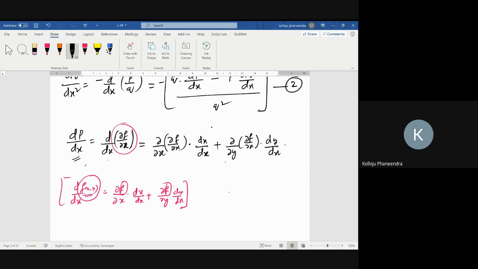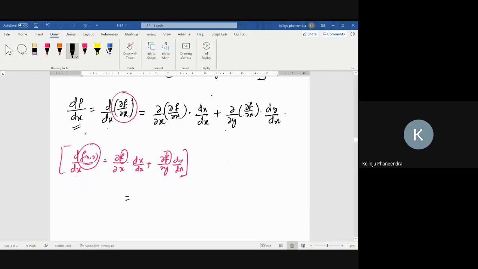Now dou by dou x of dou f by dou x, I can write directly as dou square f by dou x square into 1, plus dou square f by dou x dou y, and what is dy by dx? I already had the formula: minus dou f by dou x by dou f by dou y.